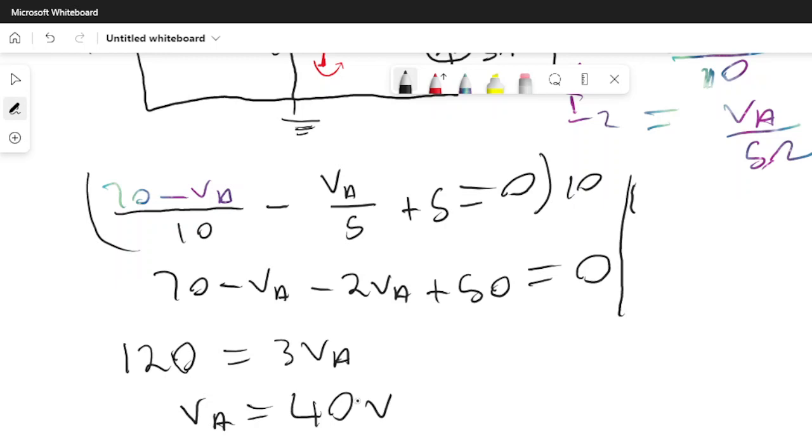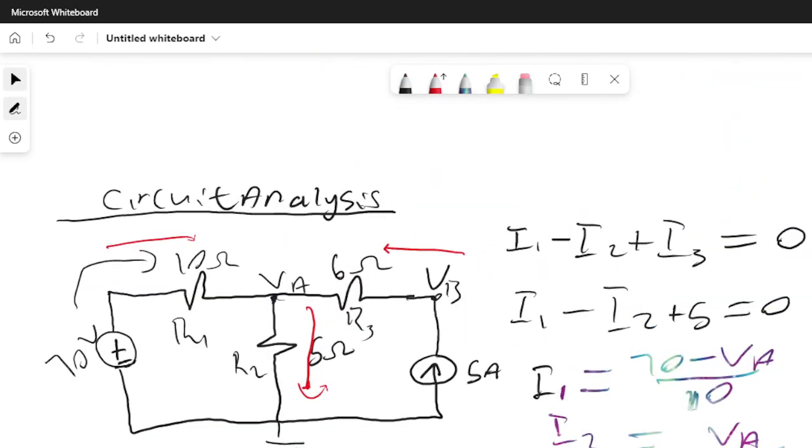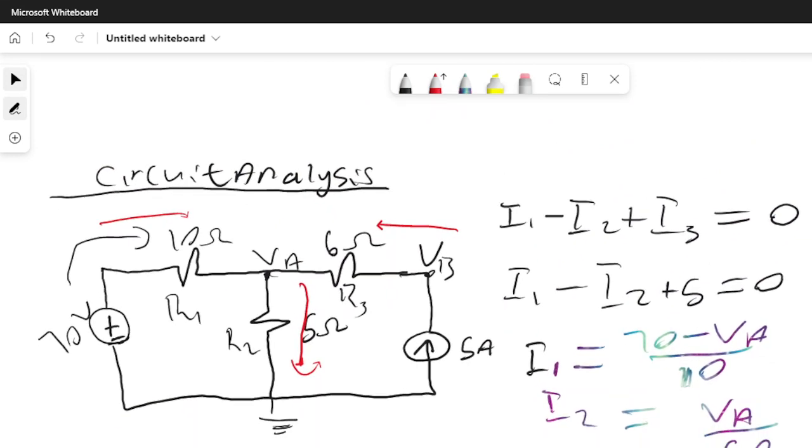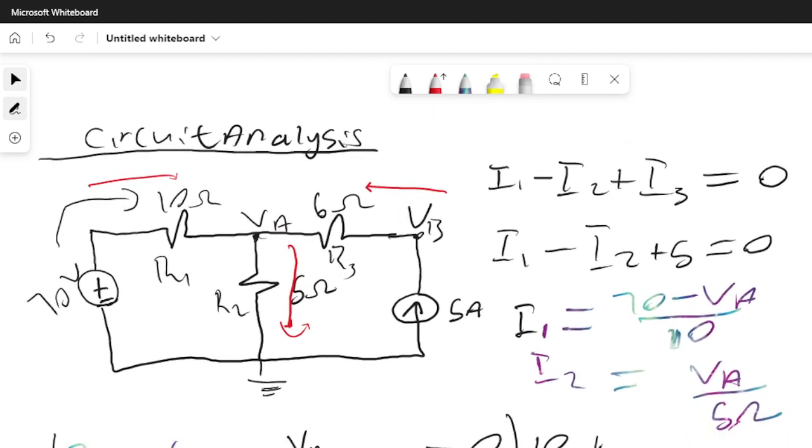Okay, now I have my VA, I can look for my VB. So let's see, how can we solve for VB? I'm going to make an equation here. Now I3 is equal to the voltage here, since I is equal to V over R, so it's the voltage here divided by this resistor.